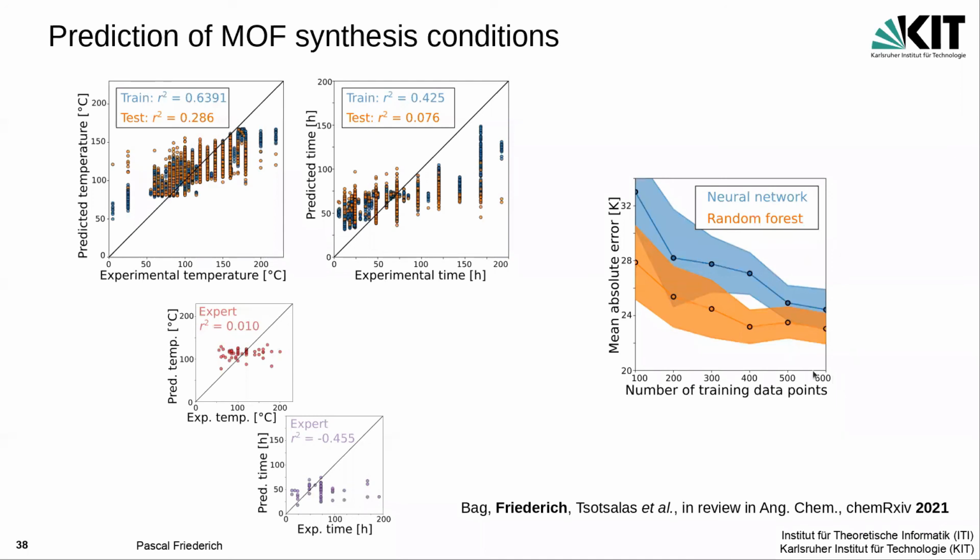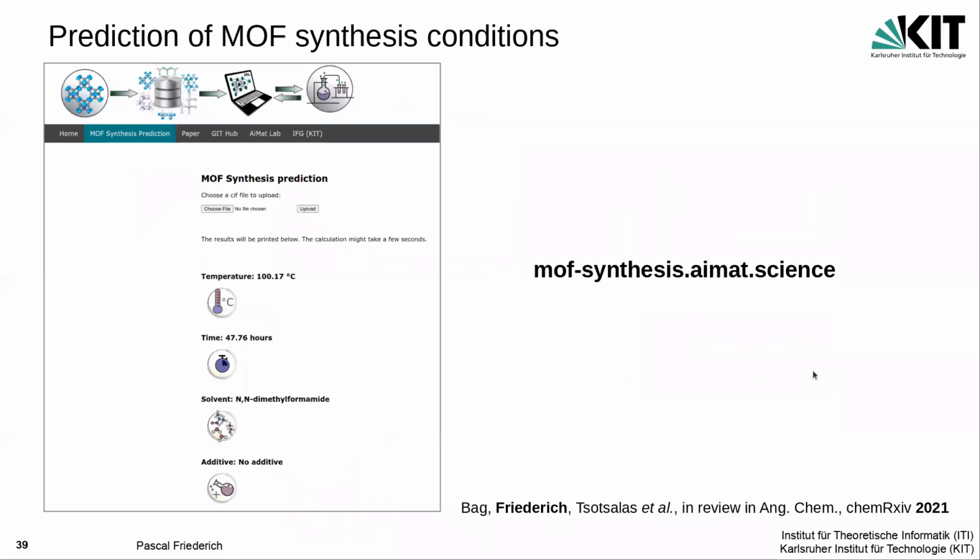Everything is also available currently. You can go to this website and try it out yourself. So you can upload there your desired MOF structure that you can find in some MOF database that you would like to make. And in the background of this website, the CIF file will be translated to our machine learning input vectors.